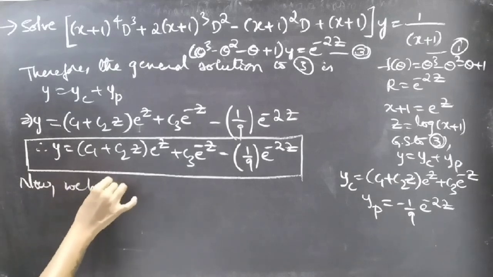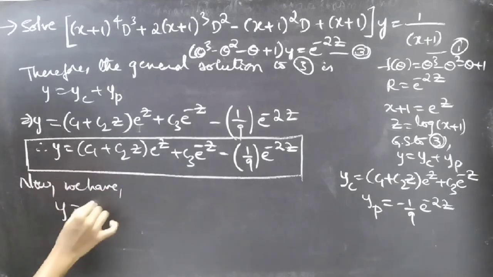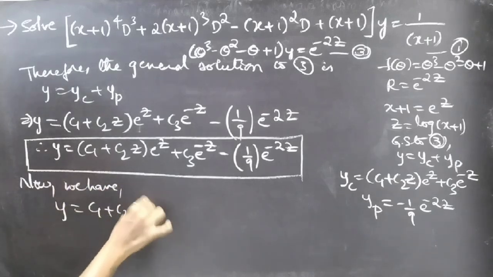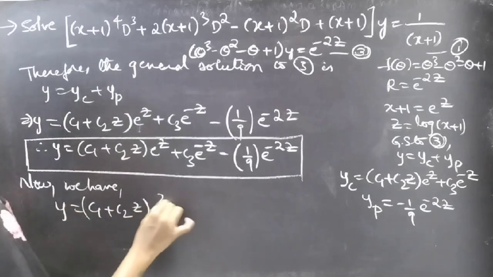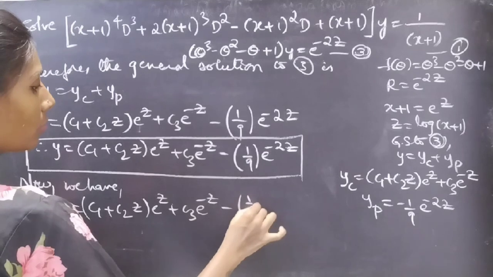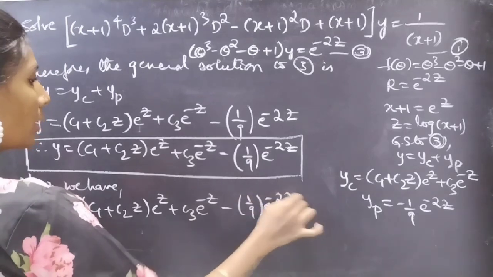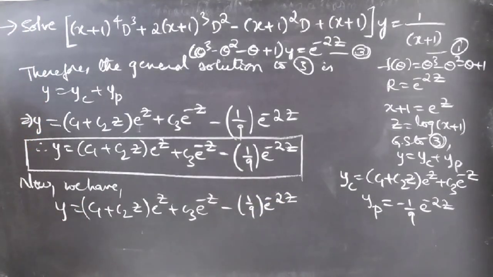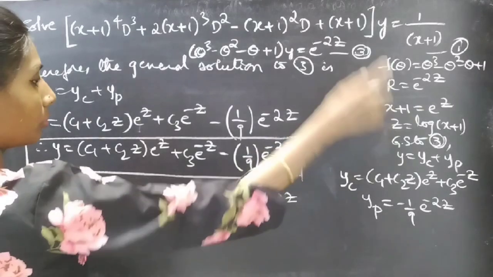We have y equal to (c1 plus c2 z) into e power z plus c3 e power minus z minus 1 by 9 e power minus 2z, right? Now we are going to replace e power z by x plus 1.